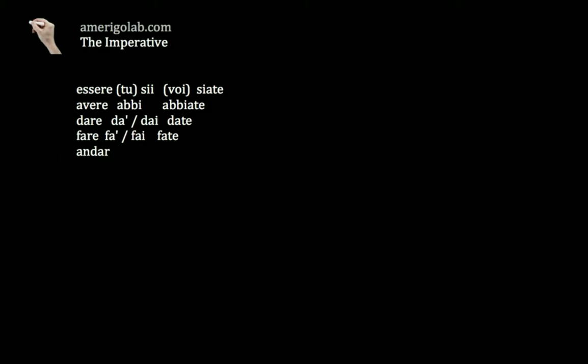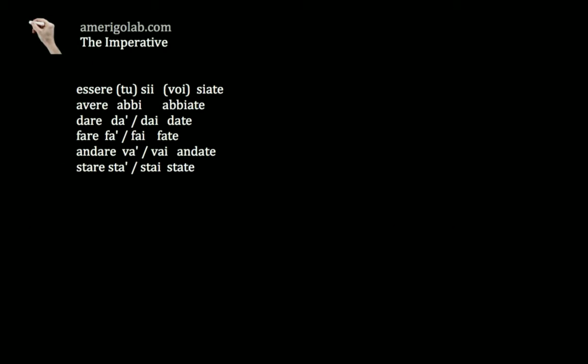Andare, we have va' with the apostrophe or vai for tu form, and we have andate for voi. Then stare, sta' with the apostrophe or stai, and state for voi.